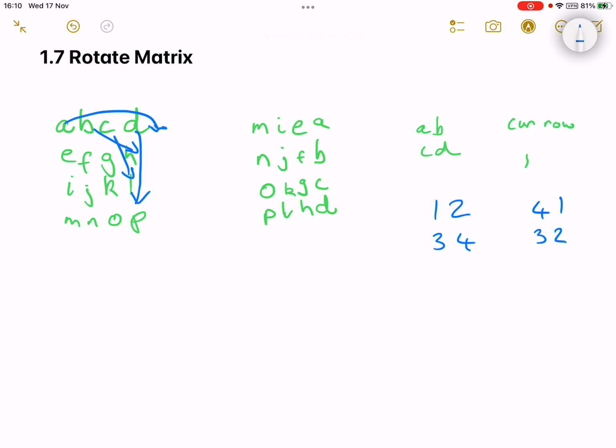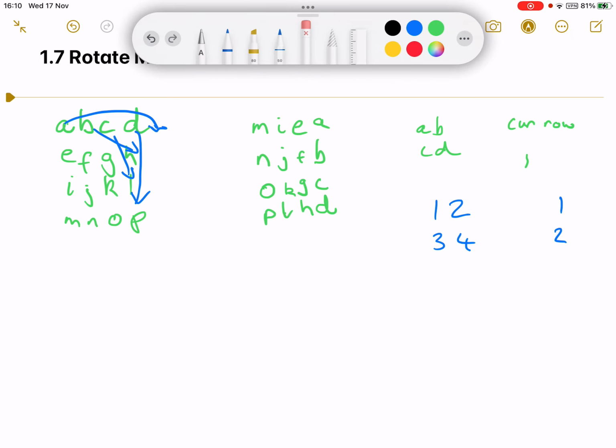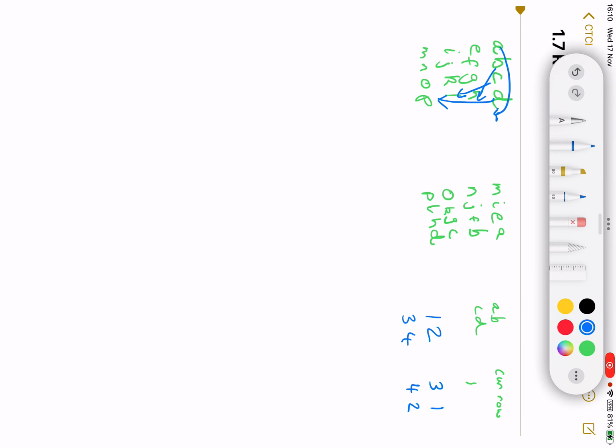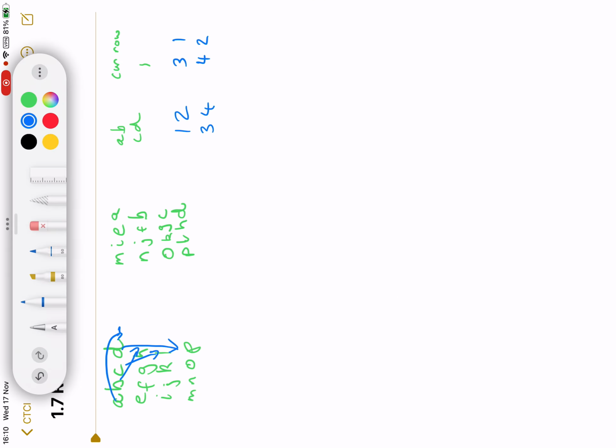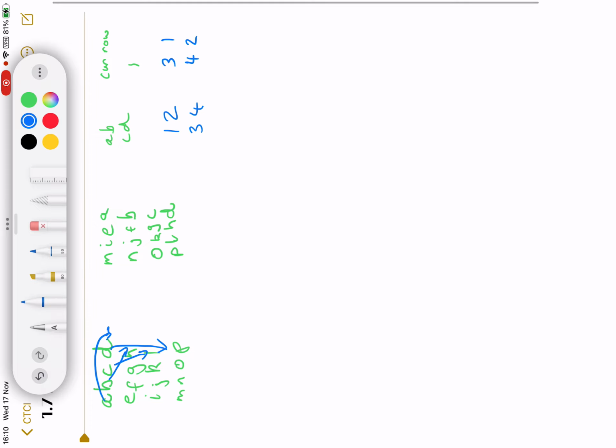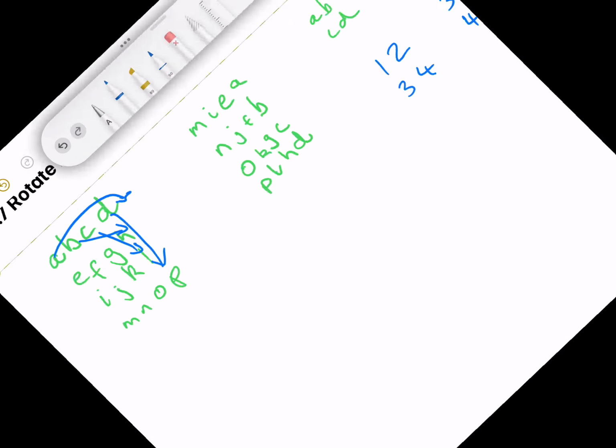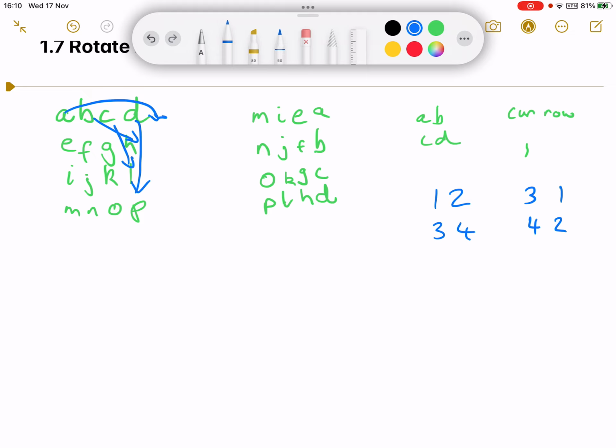No, I messed up, my bad. Just 3 and 4. If I rotate 90 degrees and you're looking at the screen, you'll see that it has been rotated 90 degrees. So the goal is to put this into code.